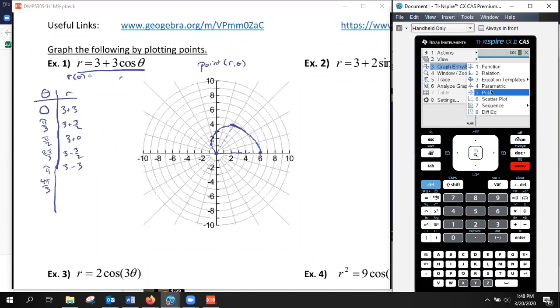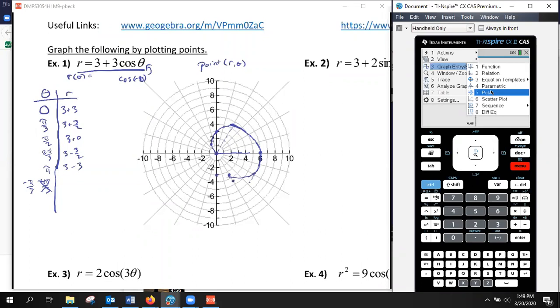And the reason we know that is cosine of negative theta is equivalent to cosine of theta. So if we were generating negative angles, those negative angles would generate the exact same points. So we would have negative pi over 3, and if I generate the points this way, we would have the exact same values.